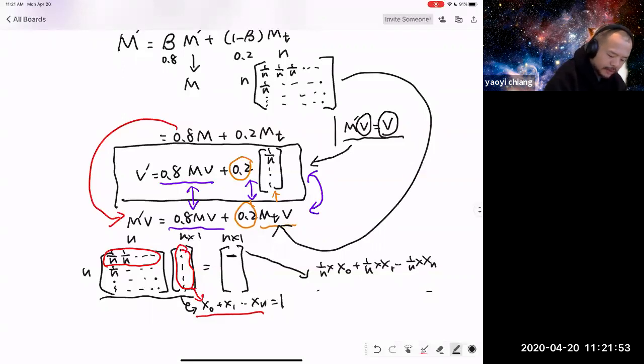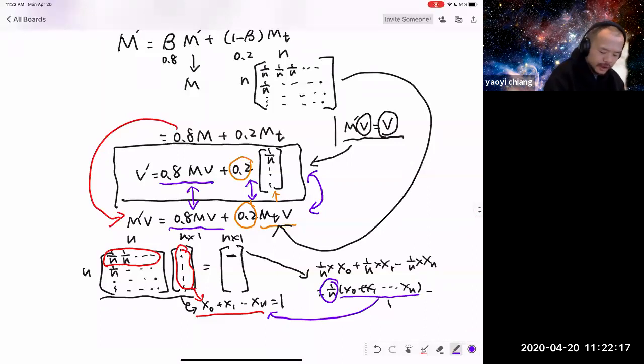And if you take 1 over n out, you have x0 plus x1 plus up to xn, and this is what? This is 1, right? So this leaves you 1 over n. So each element here will be 1 over n, 1 over n, and 1 over n. So it's just to show you that you can derive this from this.